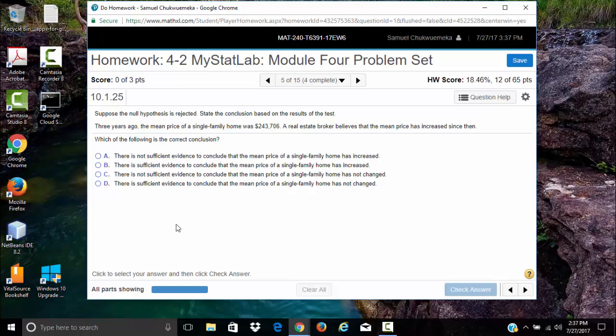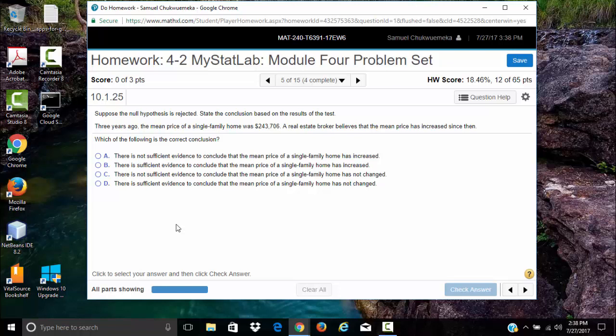So in this case, your alternative is greater than, and that is one-tailed, right-tailed. The null is that the population mean mu is equal to 243,706. You reject the null, so there is sufficient evidence.